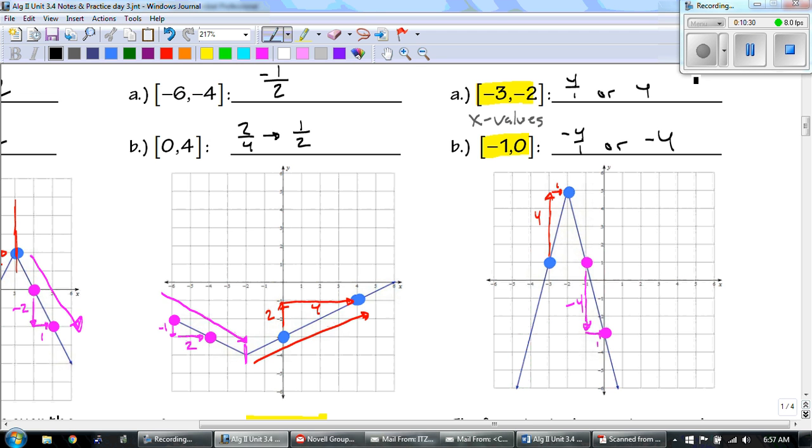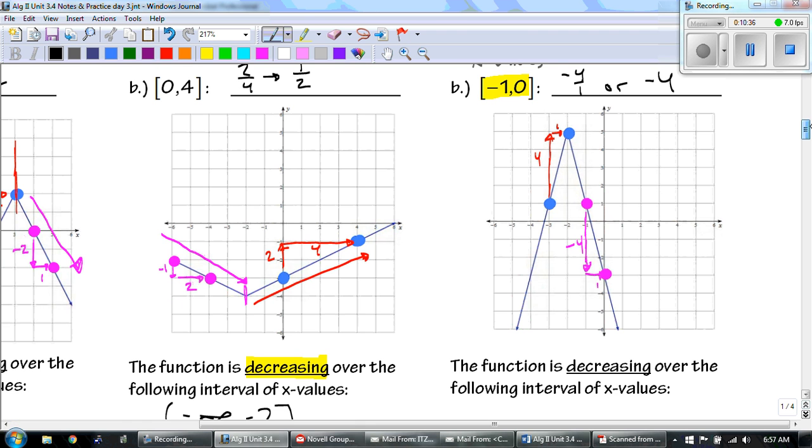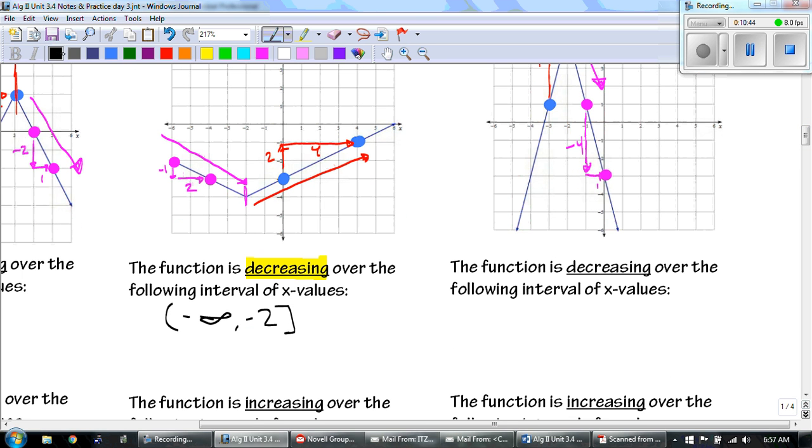Okay, so where is this function decreasing? Well, it starts decreasing at -2. See how at -2 it just starts going down? So at -2 it starts decreasing to positive infinity, and then from negative infinity to -2 it's going up.